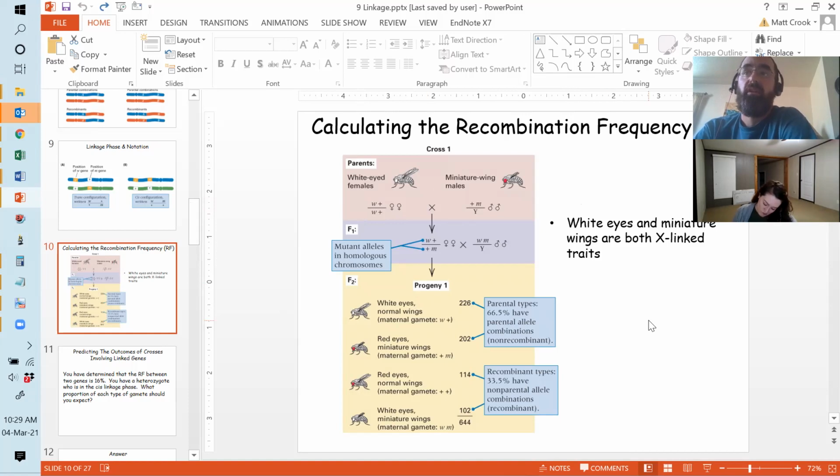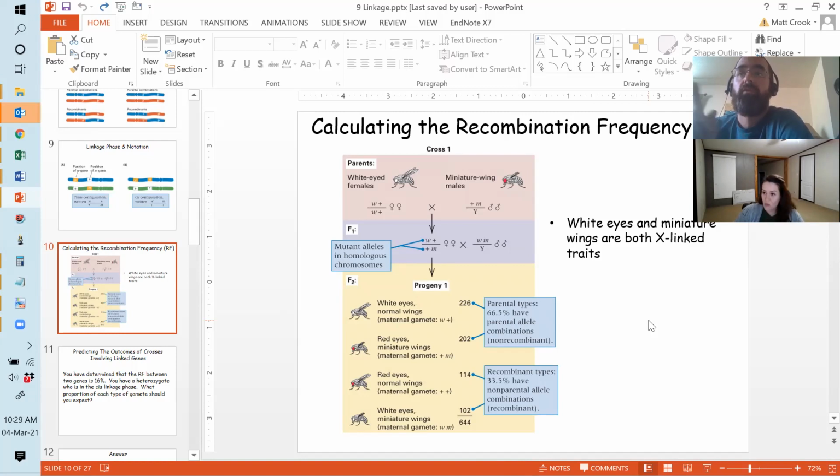If you find one of each, so for one gene it's dominant, the other gene it's recessive. Hang on, what did I say? I'm confusing myself. Sorry, let's go back a little bit. If you find one of each, it's in trans. So dominant for one gene, recessive for another gene, that's in trans. If you find both dominant or both recessive for the different genes, it's cis.